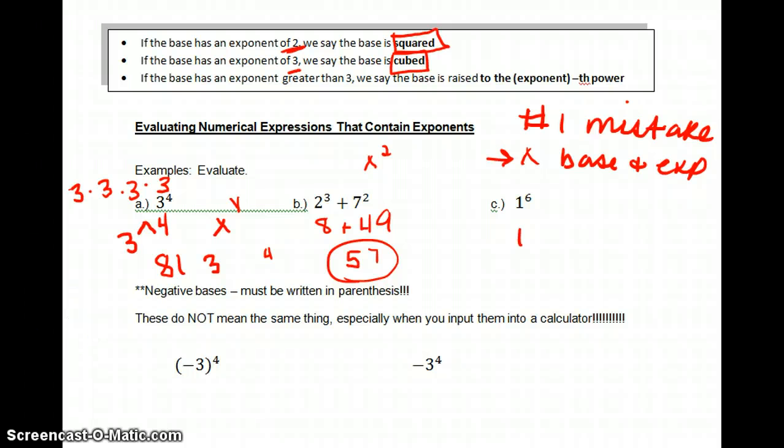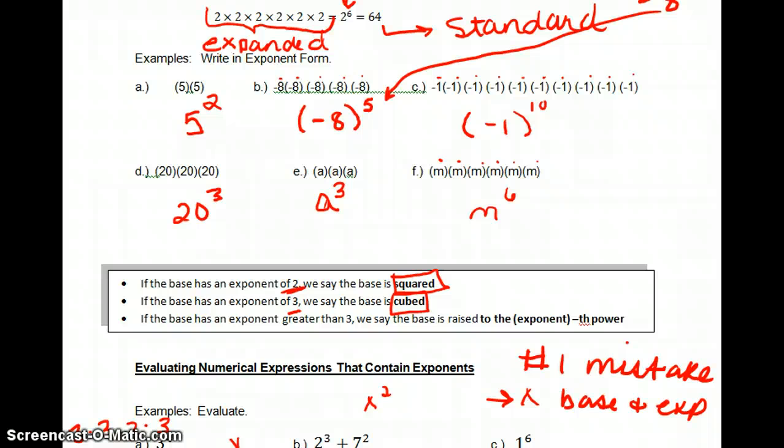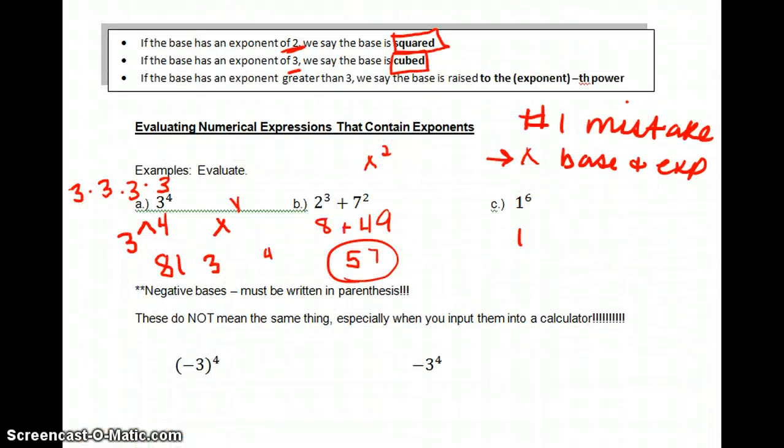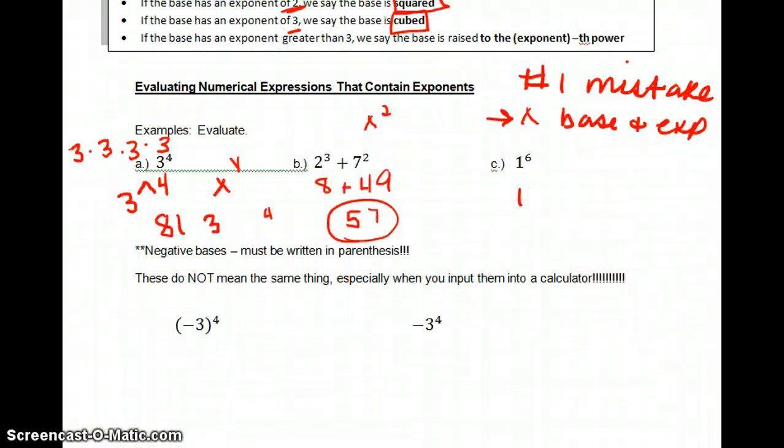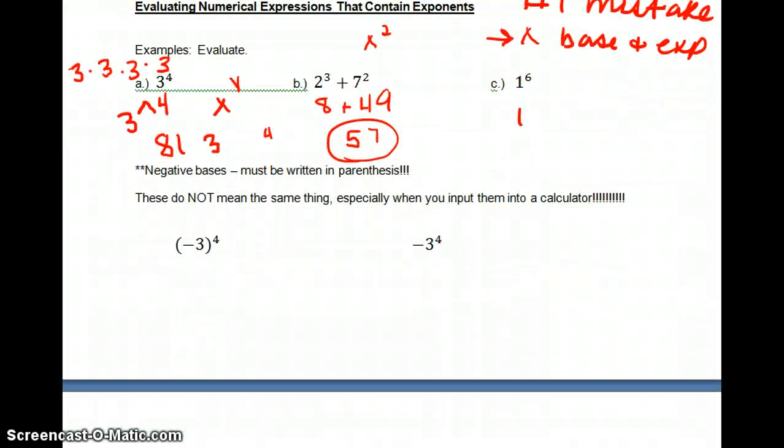Our next little topic here is that negative bases must be written in parentheses. I did start to tell you this earlier because I wanted to highlight that it was extremely important, and now I'm going to show you why. Even though the 2 problems that you see look similar, they do not mean the same thing. The first problem means that we are going to take -3 times -3 times -3 times -3.